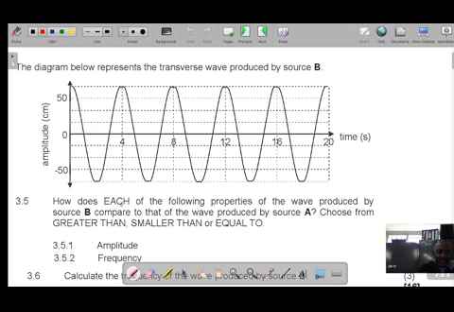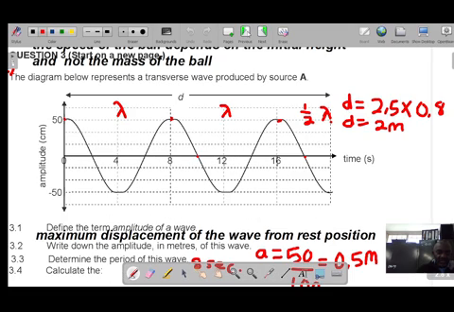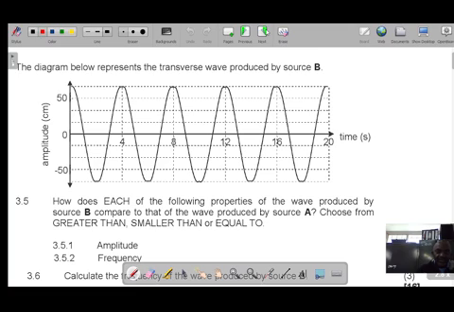For the previous wave, what was our amplitude? It was 0.5 or 50 centimeters. What about now for wave B? It's more than 50. So the amplitude for wave B is greater than the one for wave A. I take greater than.